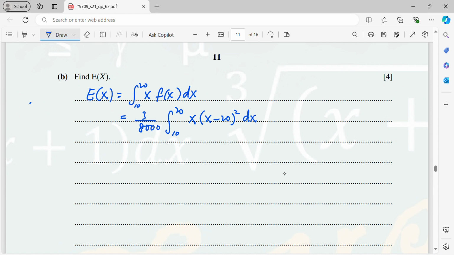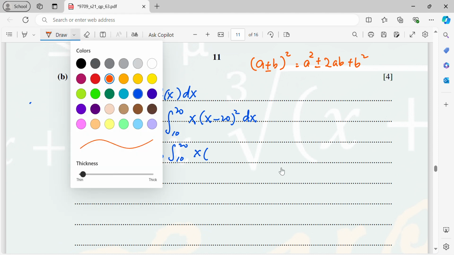So before we integrate, we need to expand the quadratic first. So it will be 3 over 8,000. Now for the quadratic expansion, you may just use this formula (a plus or minus b) squared is a squared plus or minus 2ab plus b squared. That is the quadratic expansion.